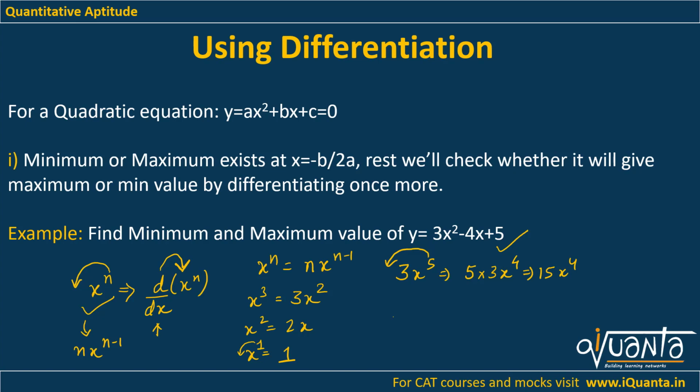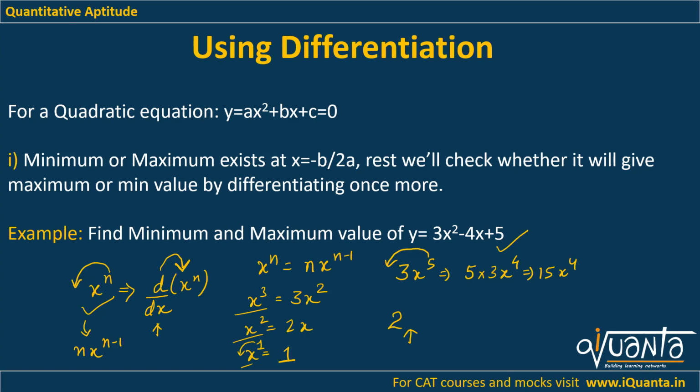Now if I ask you differentiation of 2 with respect to x, okay, you always have to remember with respect to what. This is 2, we are differentiating it with respect to x. So there is nothing which is attached to this 2, okay, which is in terms of x. Earlier we could see that in x cube, x square, x, we always had something which was in terms of x, right?